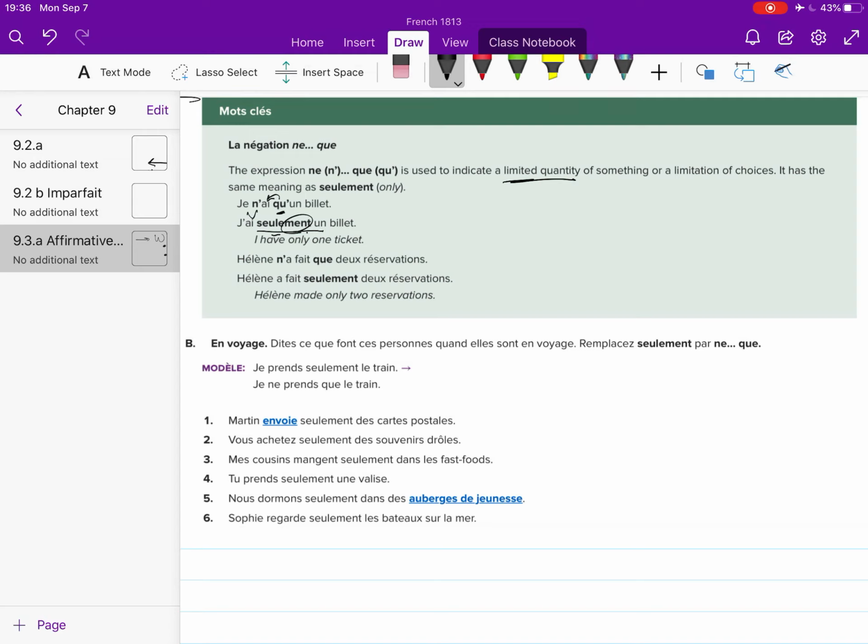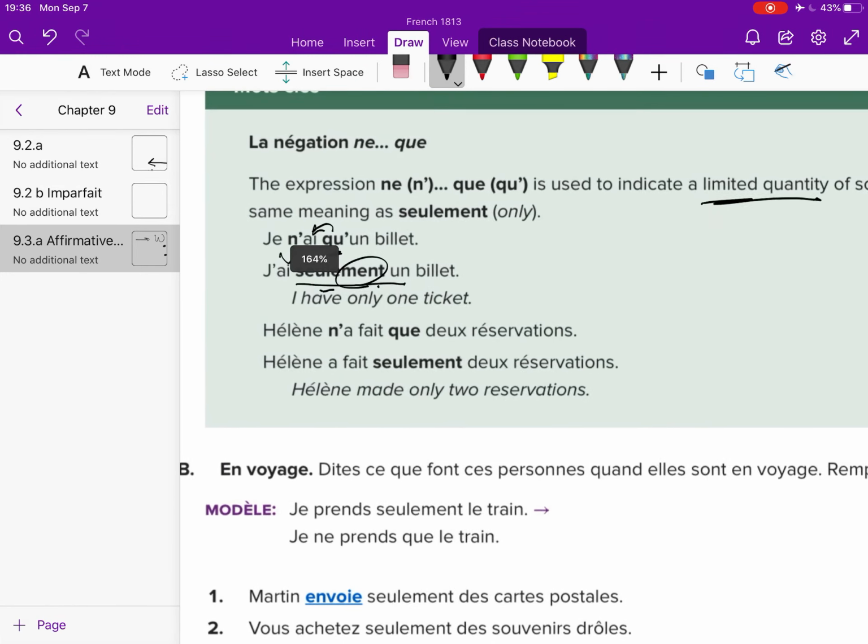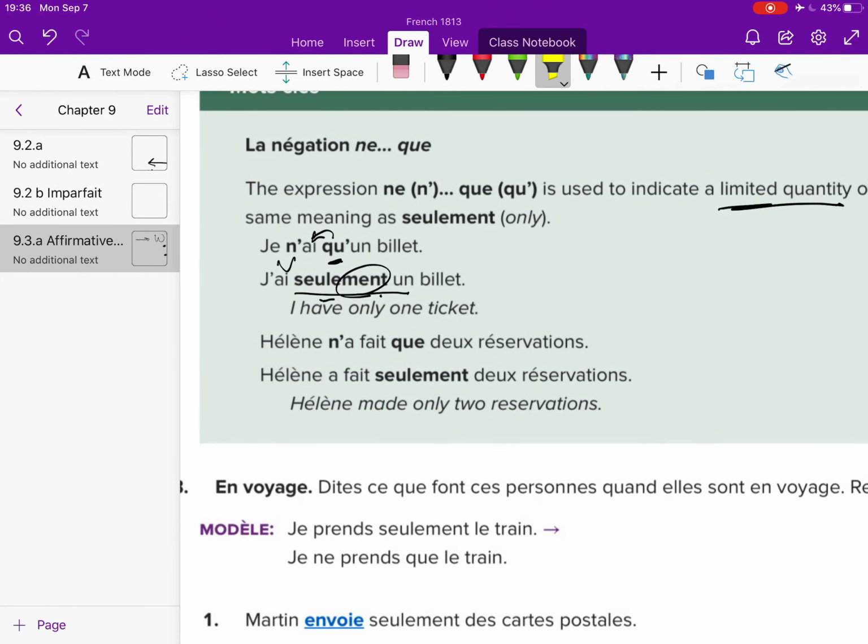You will notice two things about it, though, in these examples. The first is that when I used ne que, I still had an article here like un, une, des, du, de la, de l'apostrophe. And why is that? It's because it's still a quantity.